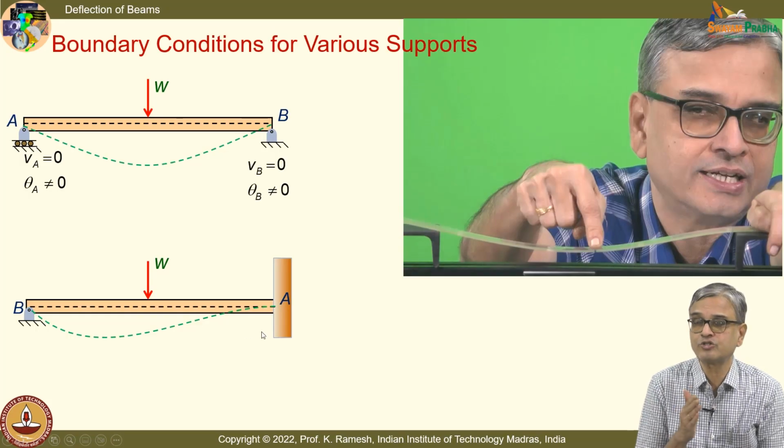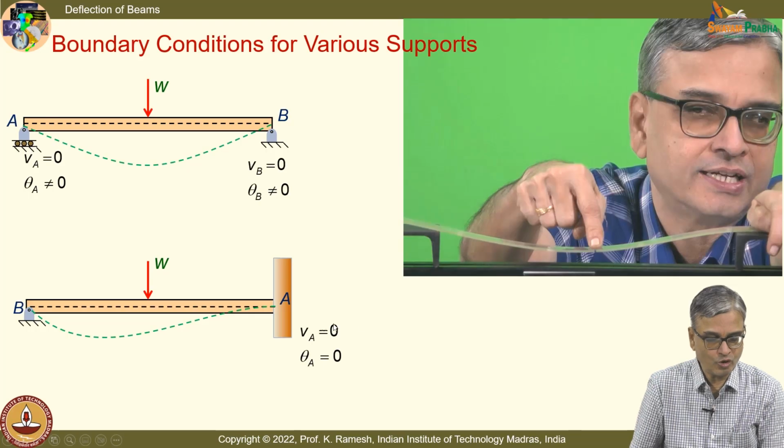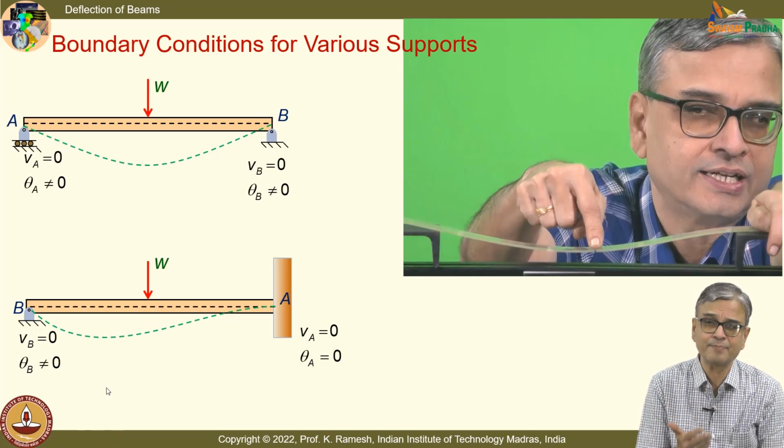And we have also seen slope is nothing but the rotation at that point in the beam. And you also have the boundary conditions which you can use, VA equal to 0 and theta A equal to 0 and VB equal to 0, and you should understand that theta B need not be 0 because that support will allow a rotation.